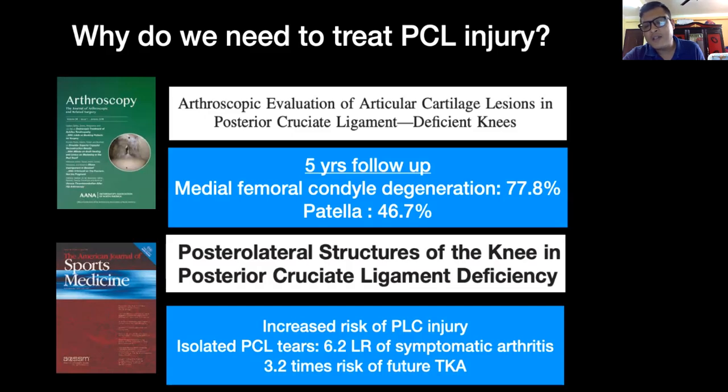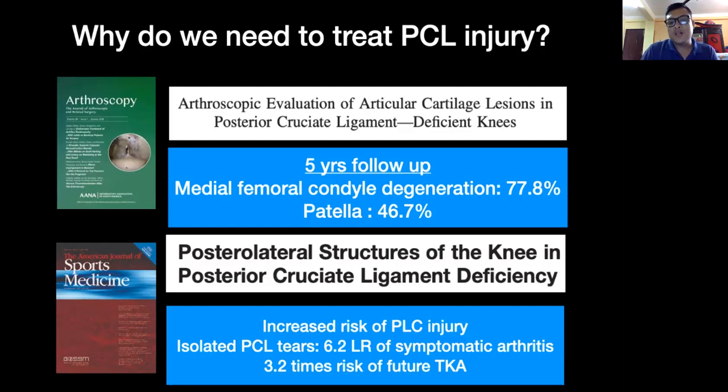Similarly, as Sushil and Vijayendra have already mentioned, because the PCL acts in concert with the PLC and PMC, there is an increased chance of secondary injuries. Just like ACL injuries lead to secondary injuries to the meniscus, PCL injuries, if not treated well, lead to secondary injuries to various other structures around the knee, that is the PLC.